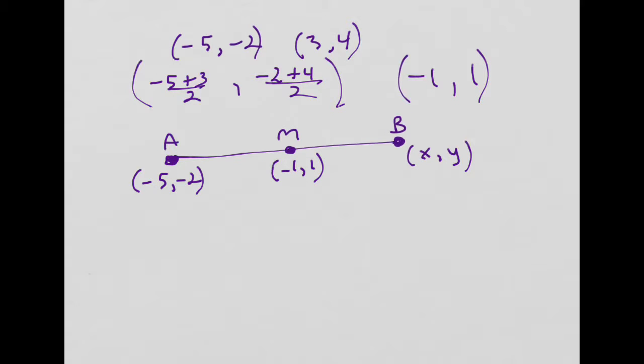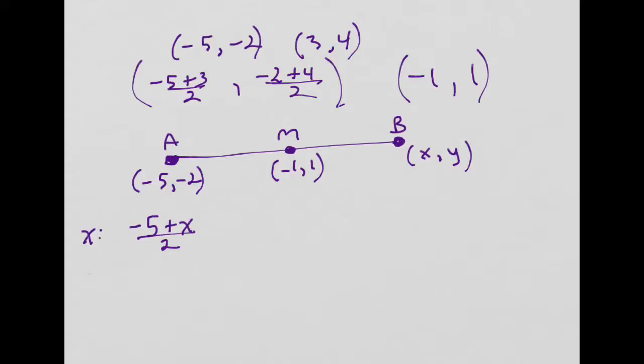So I'm going to do it the same way. I'm going to say my x-coordinate is going to be the average of -5 plus x divided by 2. So I've got the average of the x values. I don't know one of them, though. Okay, so that's my x-coordinate.